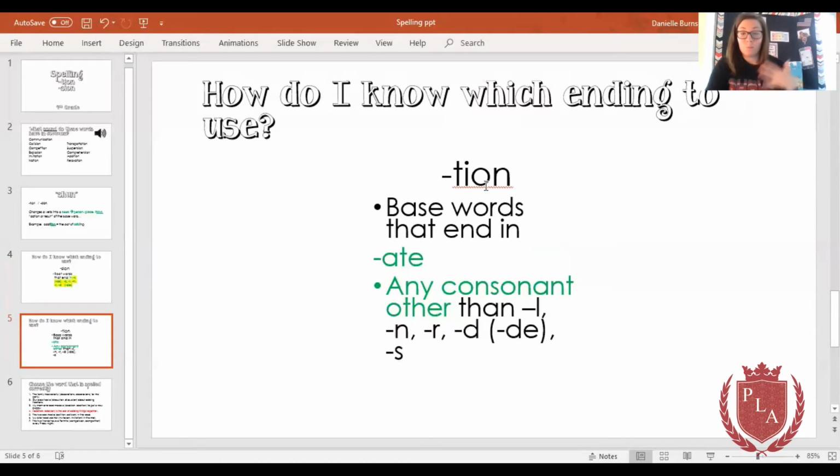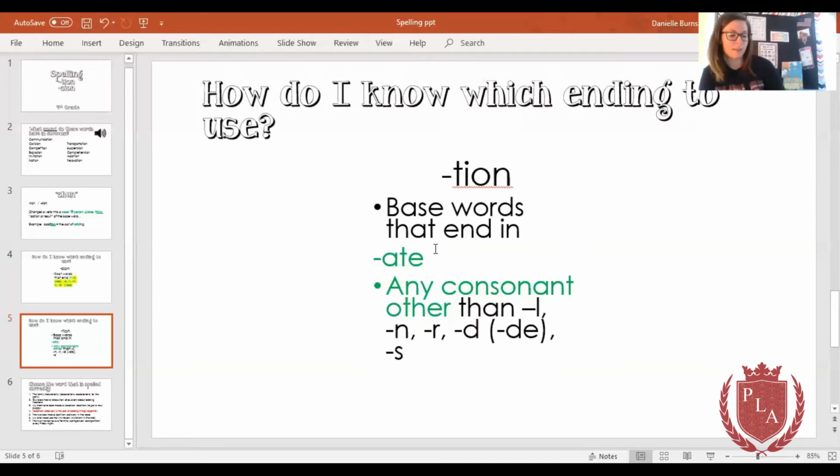So when we see a word that needs this T-I-O-N ending, we're going to see two different things. Most of them will end in A-T-E. Remember, we're talking about the base word. So when the base word ends in A-T-E, we know that we need T-I-O-N as our ending, okay? My example here would be the word decorate.